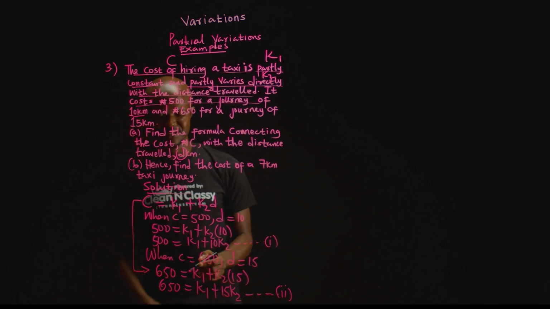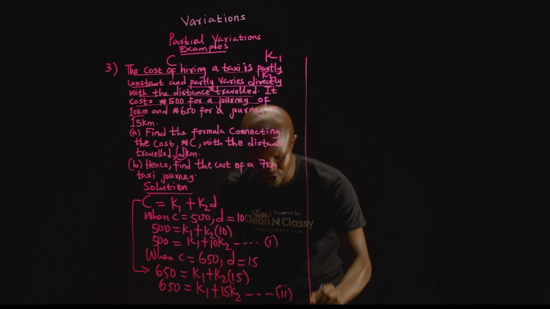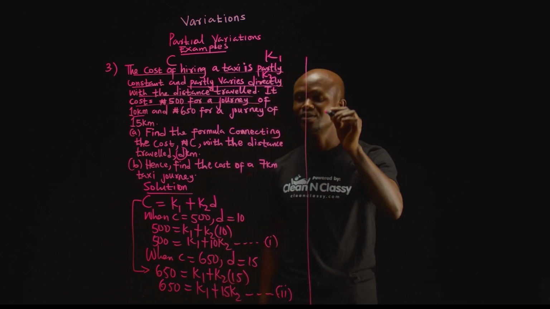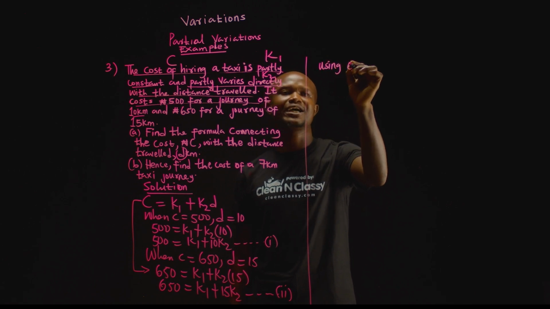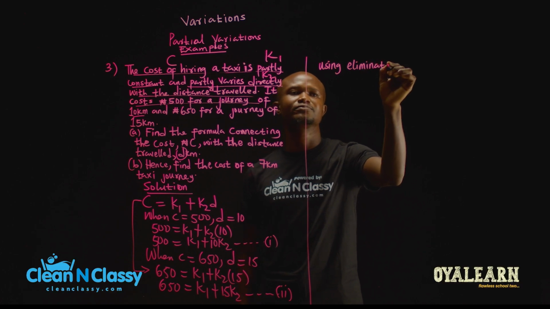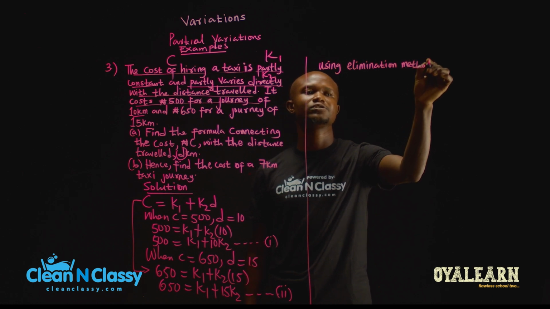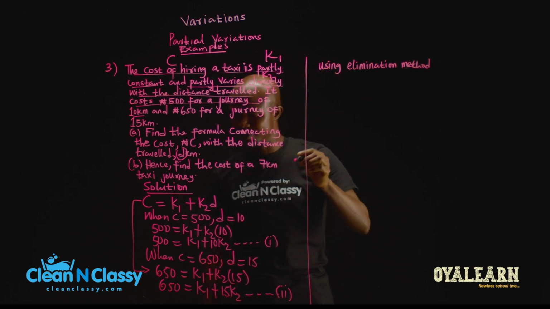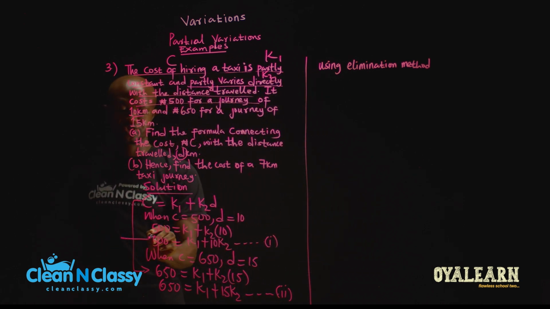Now we are going to solve the two equations simultaneously using what we call the elimination method. So using the elimination method, we subtract equation 1 from equation 2.